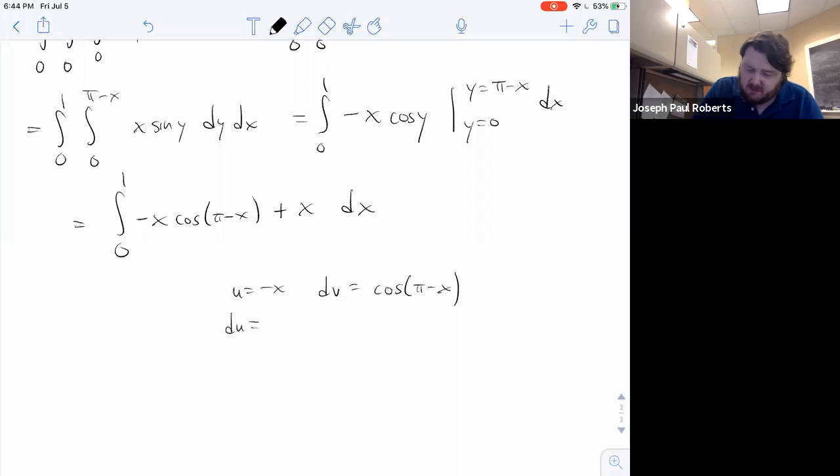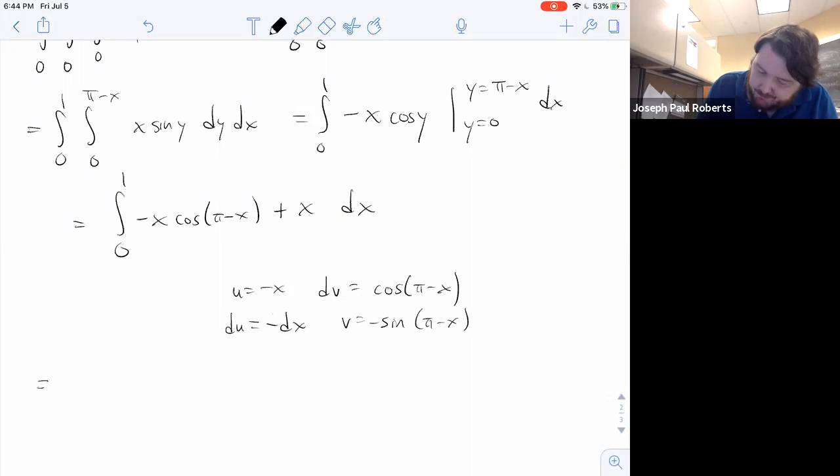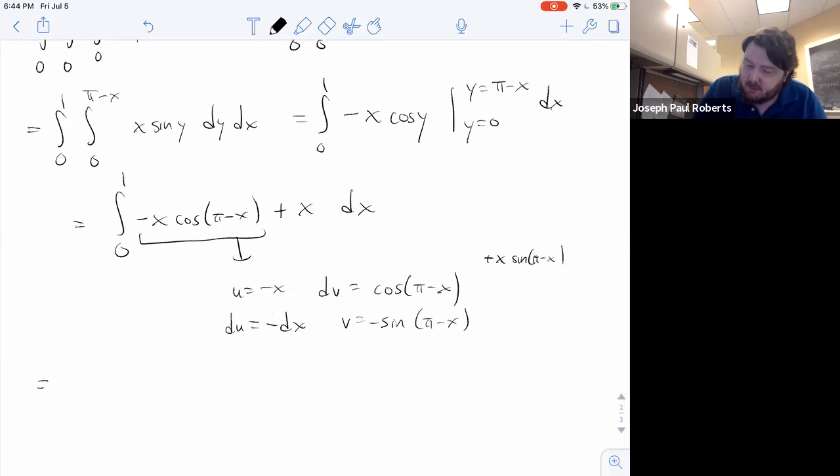But again, it's a fairly standard integration by parts. You end up getting, if u is minus x and dv is cosine of pi minus x, then du is minus dx and v is minus sine of pi minus x. And so for this first term, uv is x sine pi minus x, and then minus v du.